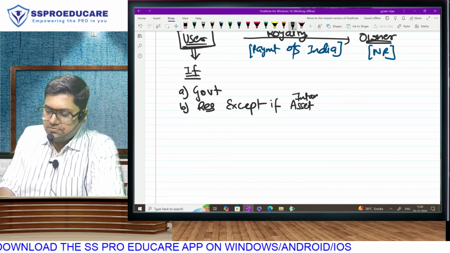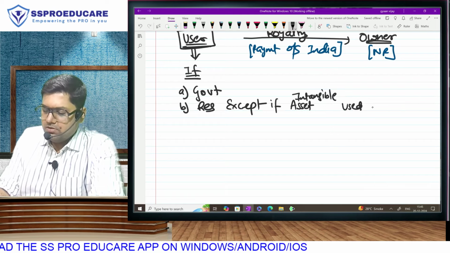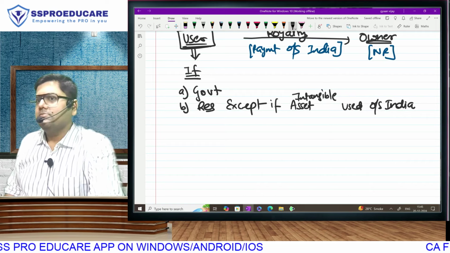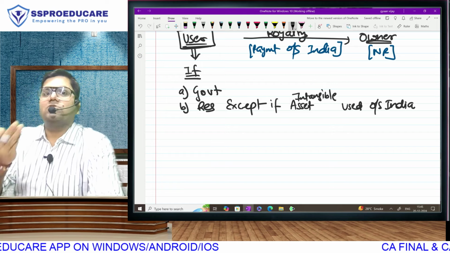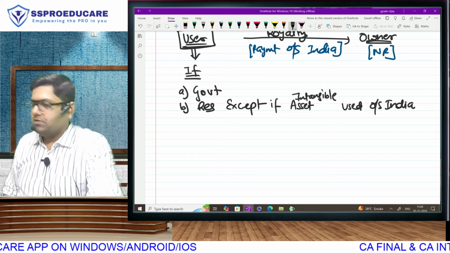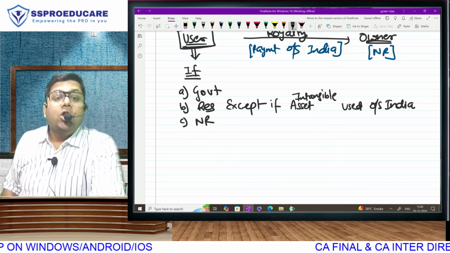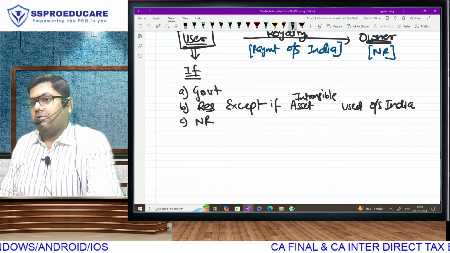Intangible asset, IPR, used, come on, outside. So can I say it becomes the same? If used in India, it will be considered as Indian income. But if used outside India, it will be considered as foreign income. And third and the last case, non-resident. That means one non-resident is paying royalty to another non-resident.